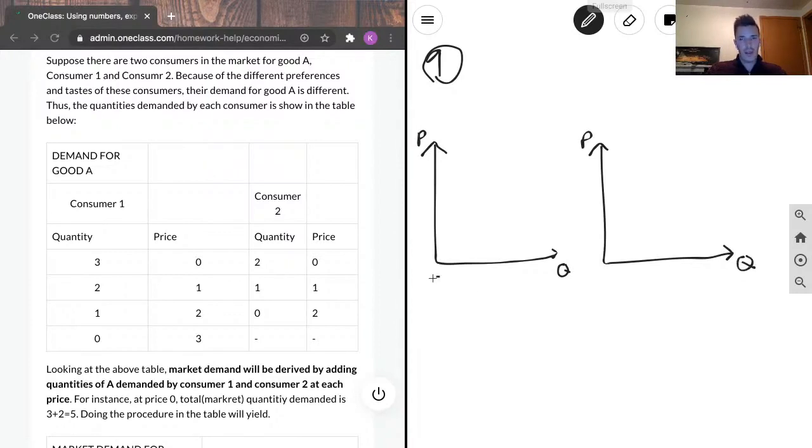So quantities, there is 0, 1, 2, and 3. And the second consumer is only consuming 1 and 2. So we're going to say consumer 1 and consumer 2. And prices go from 0 to 3.